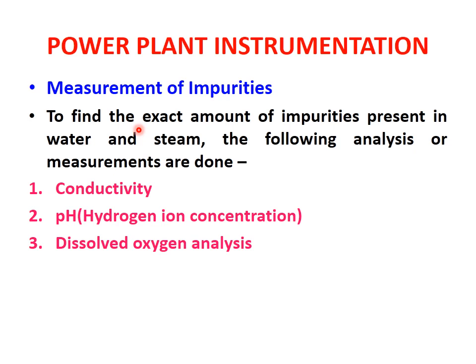The measurement of impurities is important in order to find the amount of impurities in any water flow or steam flow, because these impurities will naturally blow down the efficiency of the boiler, and at the same time it will reduce the life of the boiler.